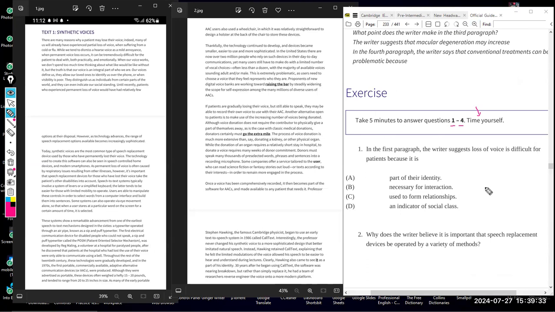So this is question number 1. Please try to read it and select the best multiple choice. And don't forget that we have 4 multiple choices.